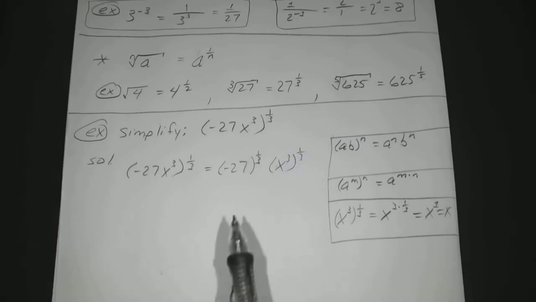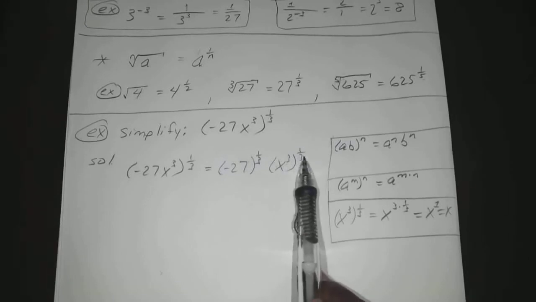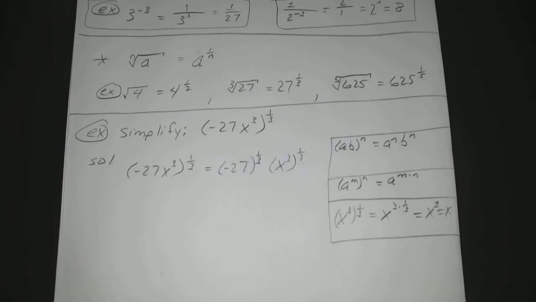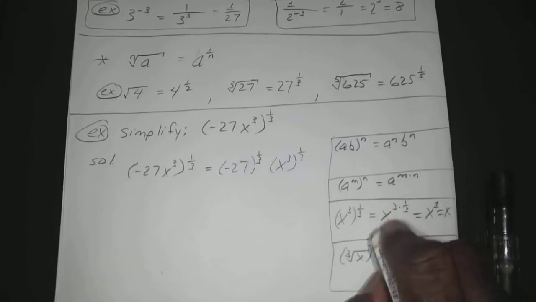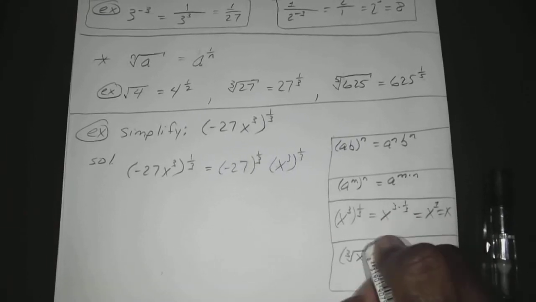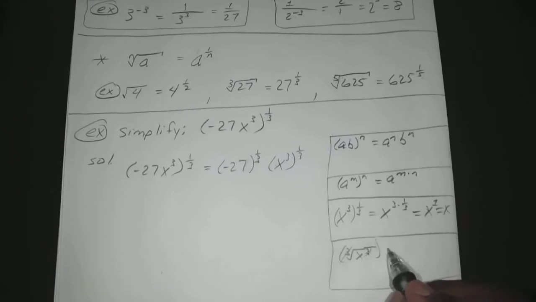Whenever your index is your denominator and your exponent, and they're both the same, they cancel each other out. So the cube root of x to the 3rd, your exponent and your index will always cancel out, so it'll be x.